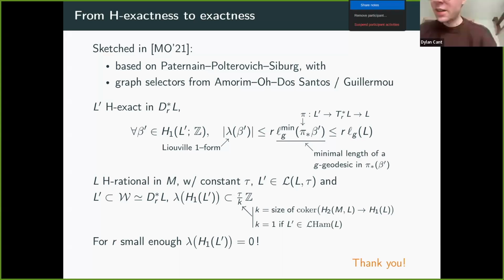I have a question actually about this last argument. Are you assuming here your condition C or whatever? C? In this last slide? Not in this slide. This result here is completely general.